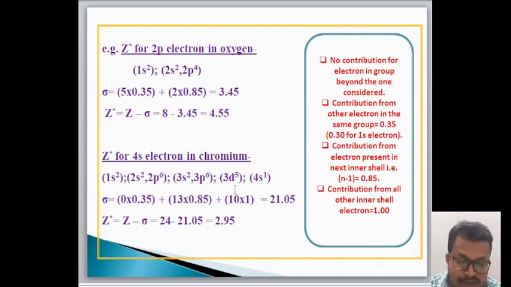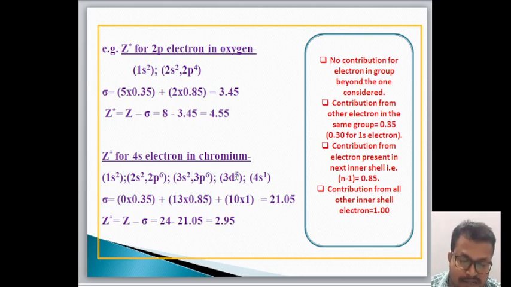Then for the n shell, here the n value is 4. That means n minus 1 will be 3. The electrons present in the n minus 1 shell, that is the third shell, total 2 plus 6, 8, 8 plus 5, 13.